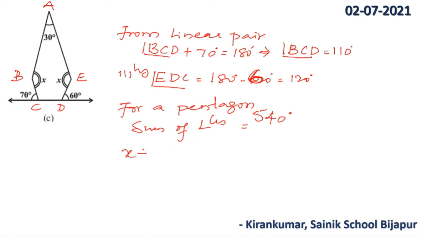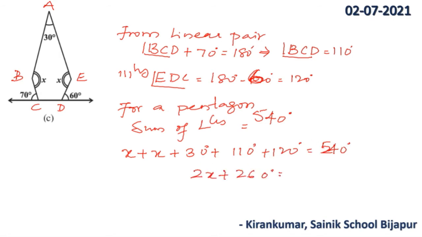So x plus 30 degrees plus we have found 110 and 120 degrees, plus x, will be equal to 540 degrees. Let's add them. So 2x plus 260 degrees is equal to 540 degrees. Therefore 2x will be equal to 280 degrees. x will be equal to 140 degrees.